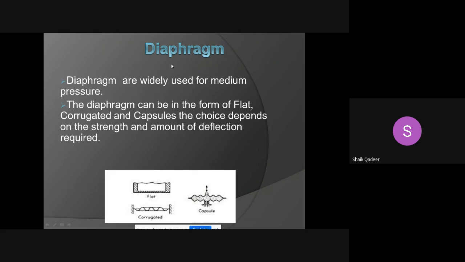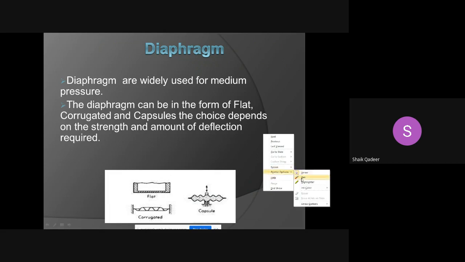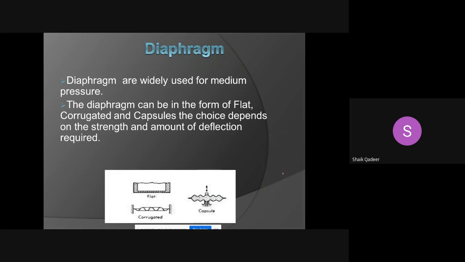Let us consider diaphragm. As I already told you, there are three types of diaphragm: flat shape, corrugated shape, capsule shape. Flat shape is simply like a straight line on which at one side pressure is applied or force is applied, and on the other side displacement is created.